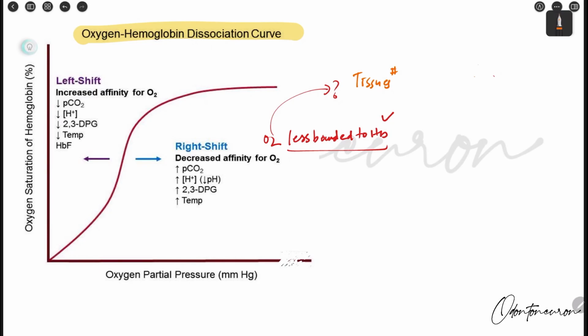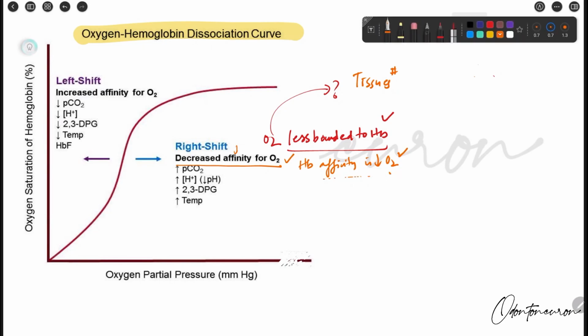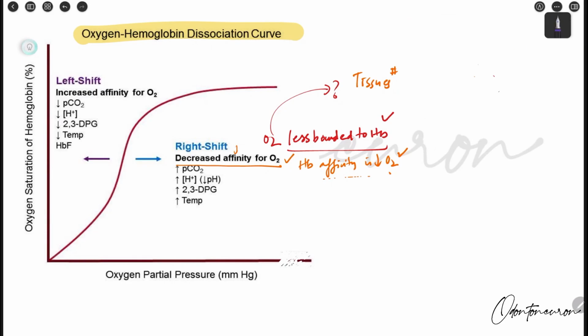Now if I say right shift, it means Hb's affinity for O2 is decreased. When they talk about affinity, they are relating to Hb. So when there's a right shift, Hb's affinity is decreased towards O2, which means there will be increased PCO2.